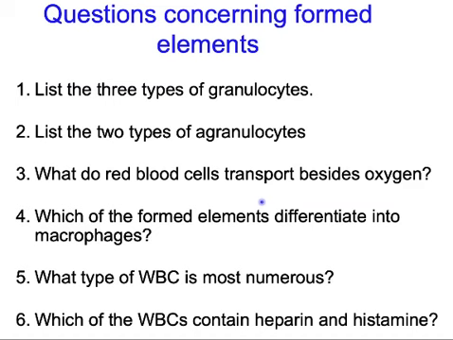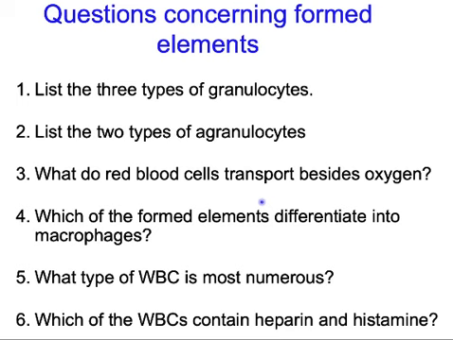List 3 types of granulocytes: eosinophil, basophil, neutrophil. The 2 agranulocytes: lymphocytes and monocytes. What do red cells transport besides oxygen, CO2, and protons? Which of the formed elements differentiate into macrophages? That's monocytes. What type of white blood cell is the most numerous?